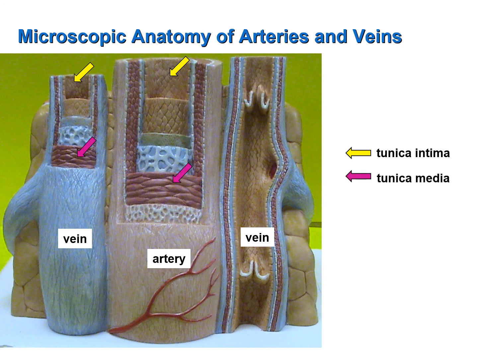The middle tunic, tunica media, is identified by the magenta arrow. Notice the smooth muscles. Notice they are significantly thicker in the artery compared to the vein. And the last tunic, the tunica externa, is shown by the black arrows. Also notice the valves of the vein.